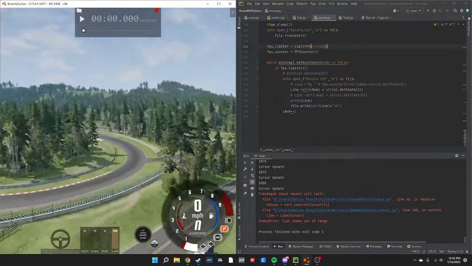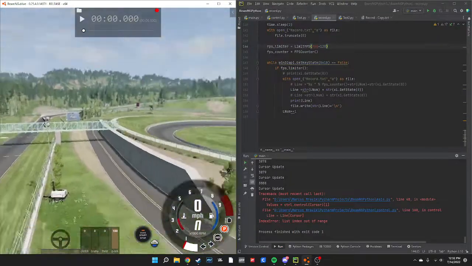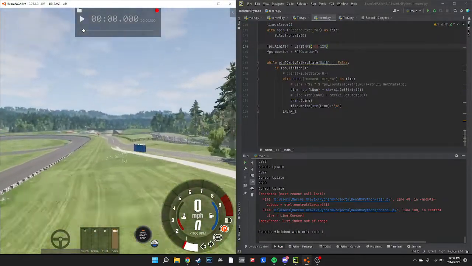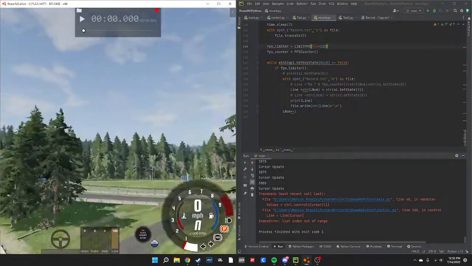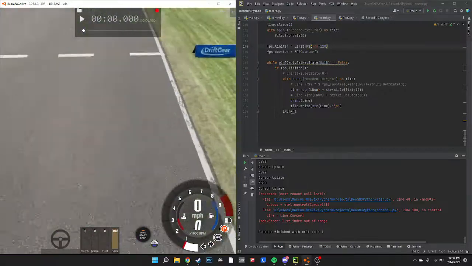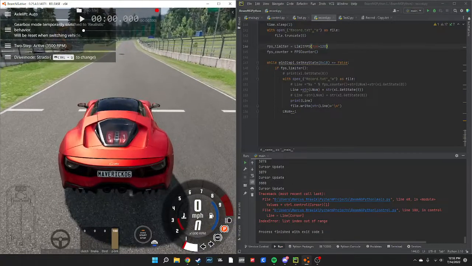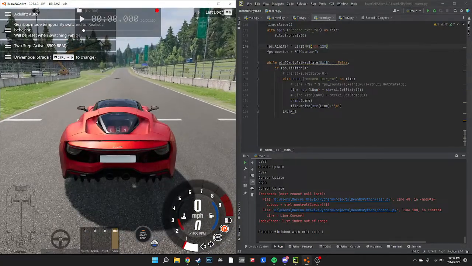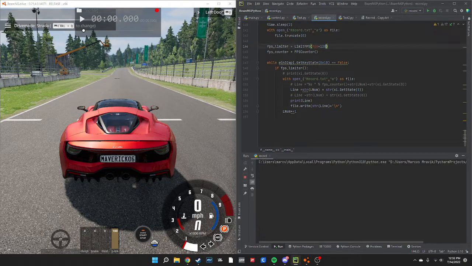Doesn't matter, I'll just pick a spot. Takes a while to pick a spot. Yeah, right, that's there. There it is. There we go. All right. Go record.